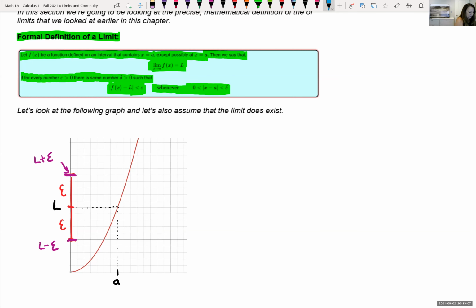Basically, if I map this back to where my x value would be, I have some point in here, and if I map this value back, I have some value in here. It's not necessarily true that the distance on the left and right of a is the same.